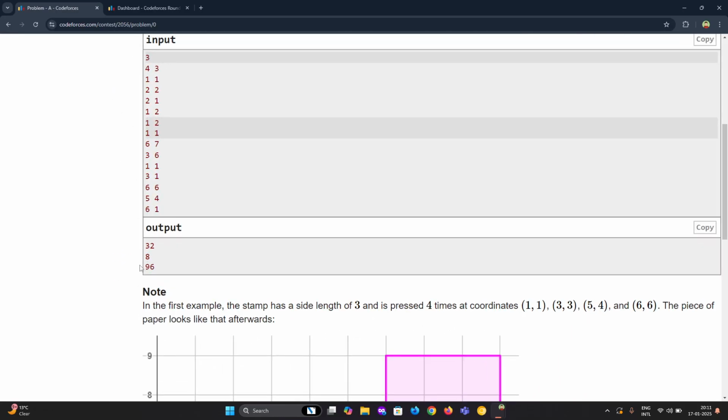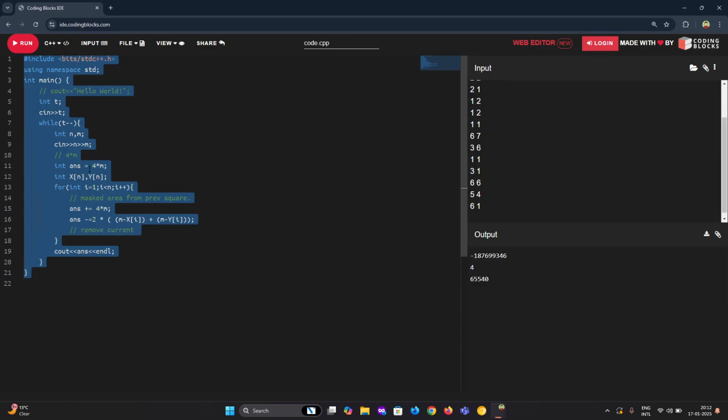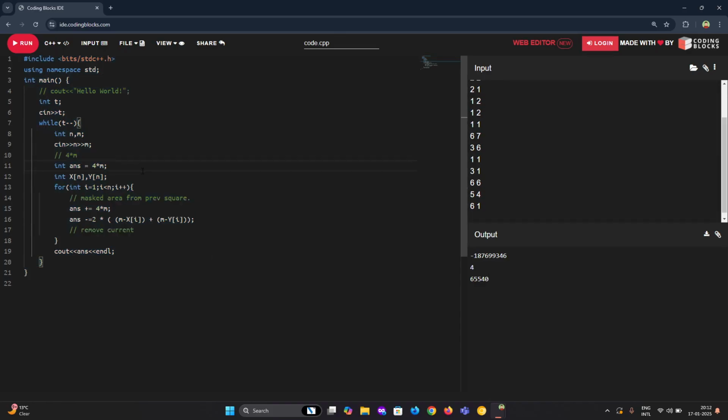The output should be 32,896, which is wrong. Have I taken some input as wrong? What's happening here? Okay, so we forgot to input x of i.